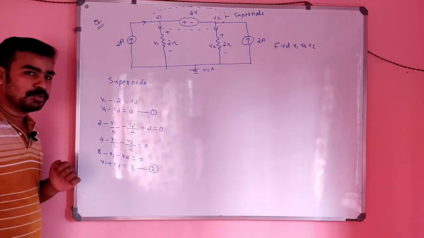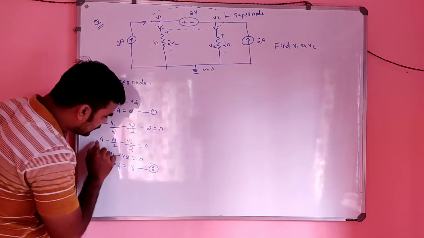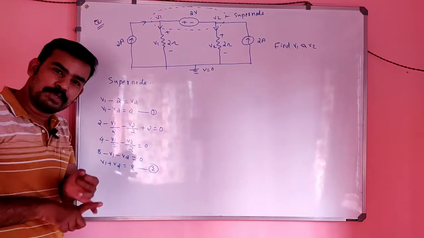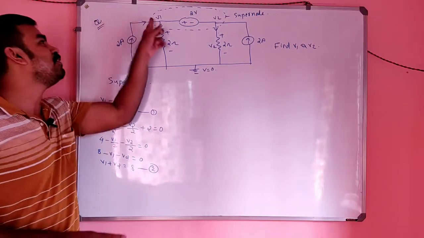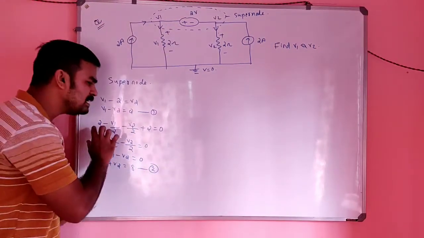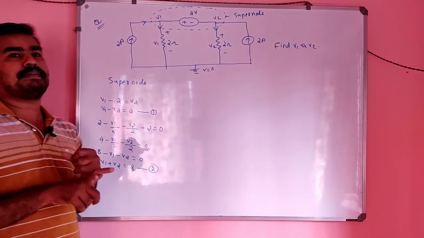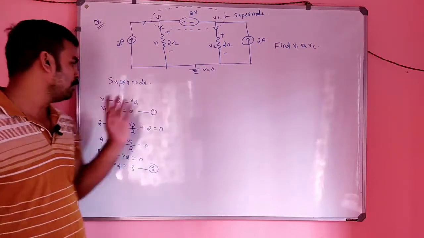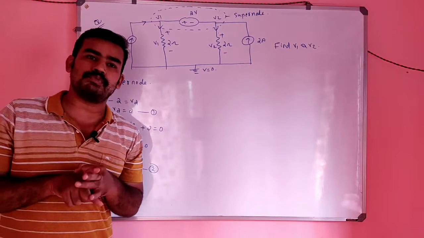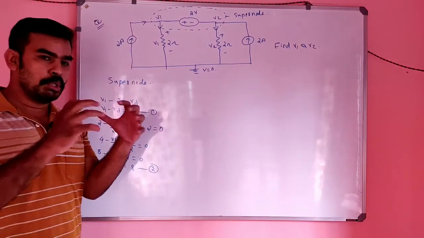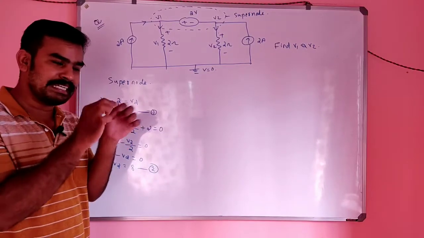So what you have to do is combine the equations and write a single equation which contains the supernode parameters V1 and V2. That is very, very important. So the first step is how the supernode is formed; you have written that equation. And the next step is to fuse the supernode and make it one node.